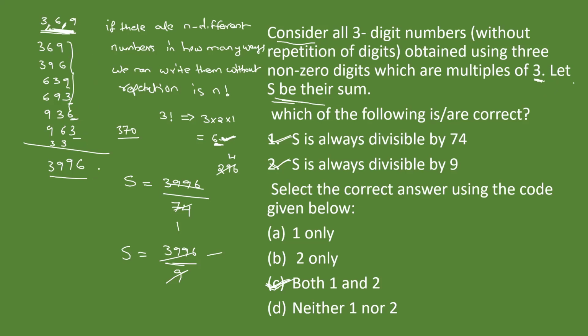The sum we got here is 3996. So S is 3996, and I checked whether S is divisible by 74 or not. Yes, S is divisible by 74. Similarly, I checked whether S is divisible by 9 or not. Yes, S is divisible by 9. So I can say both 1 and 2 are correct.